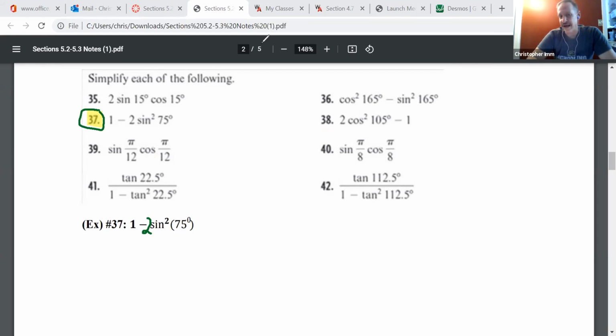We're looking at a ratio, right? Because we're looking at sine of an angle, sine squared of an angle. When you're looking at this, the first thing you want to do is create an identity that's going to give you an equivalent expression. We should know that 1 minus 2 sine squared something is equal to another version.